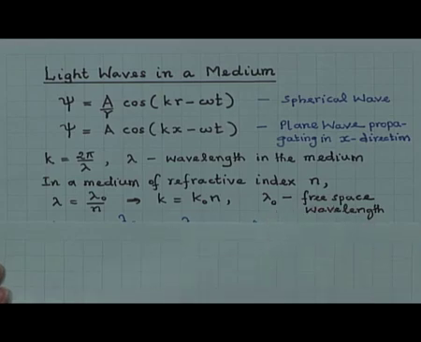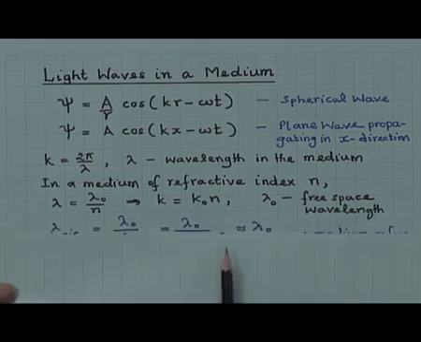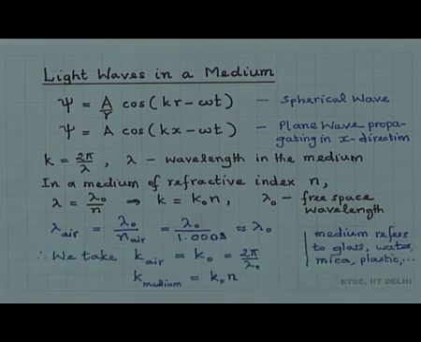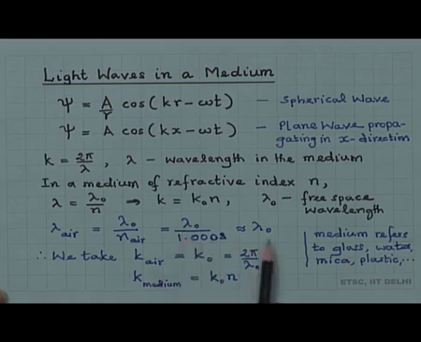For example, lambda air is equal to lambda 0 by n air. However, we know that n air is very close to 1, approximately 1.0003, and so this is almost equal to lambda 0.